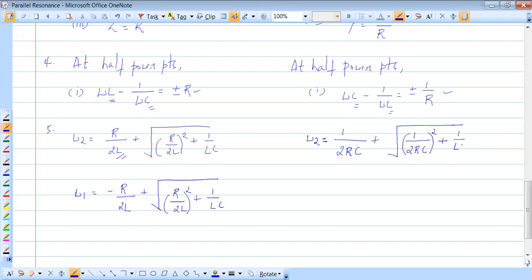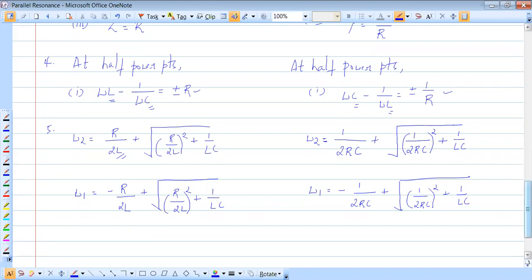L is replaced by C, C is replaced by L, so it would still be 1 by LC only. On the similar note, what would be your omega 1? Just give minus here. So it's minus 1 by 2RC plus square root of 1 by 2RC whole squared plus 1 by LC.